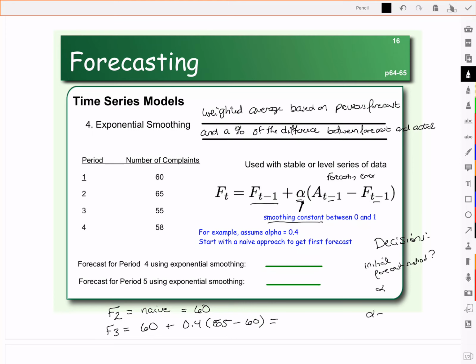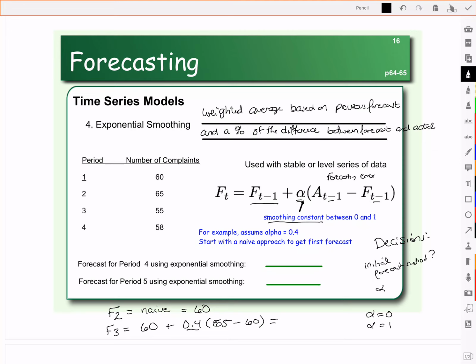If your alpha is 0, then you're making no adjustment at all. You're not even taking into consideration your forecasting error, or how off you are. If alpha is 1, then you're fully taking into consideration that forecasting error, and all of that error, all 5 we were off, would get added to our forecast.